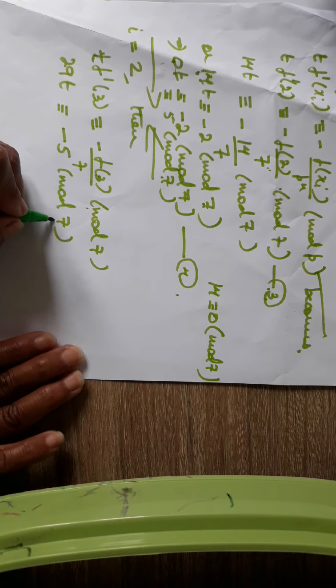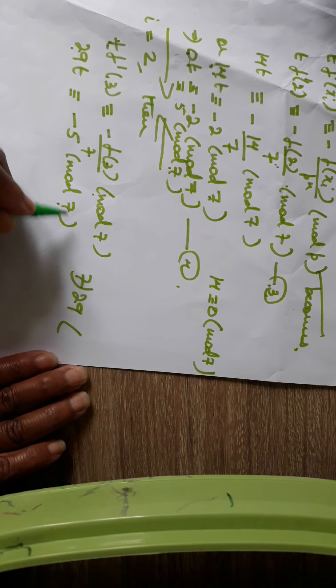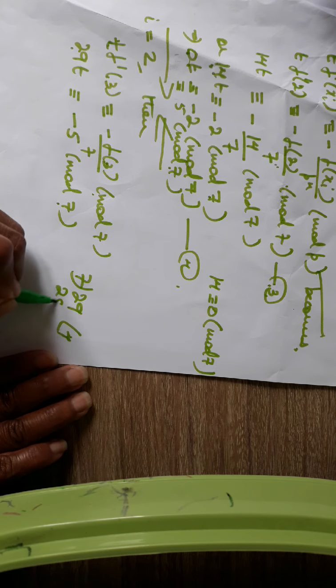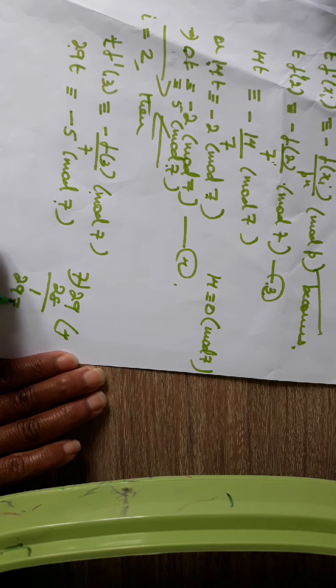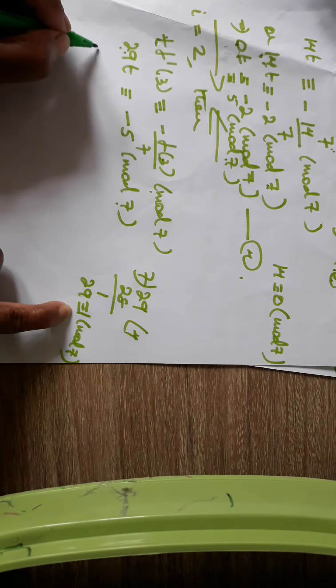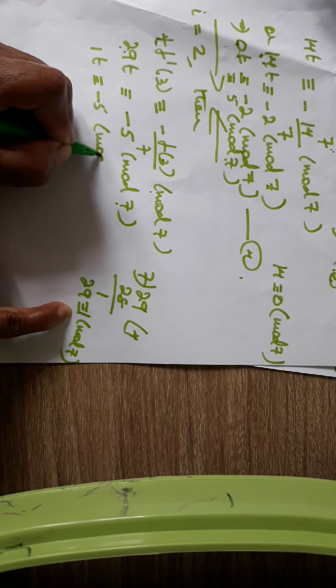Now 29, when you divide it by 7, 7 fours are 28, so the remainder is 1. So 29 is congruent to 1 mod 7. So instead of 29, you write 1 into t is congruent to minus 5 mod 7.